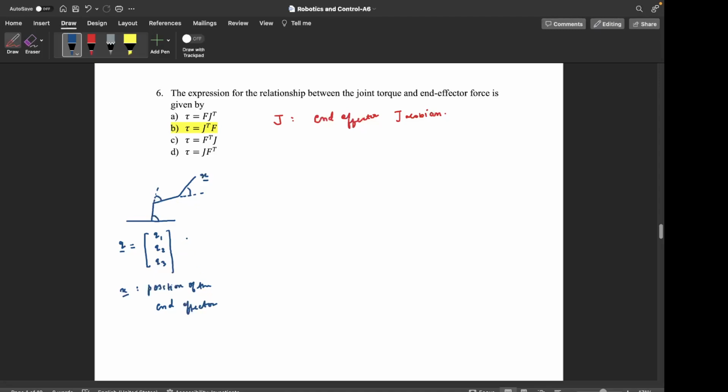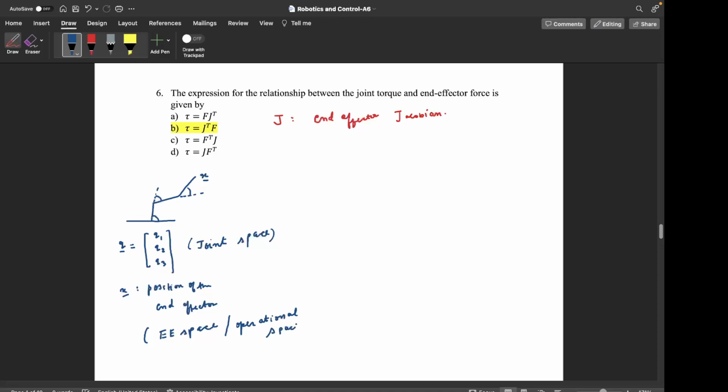If any quantity is expressed as a function of joint angles, then we say that the quantity is expressed in joint space. And if the quantities are expressed in terms of Cartesian coordinates, or basically xyz, you would call it end effector space, or operational space.